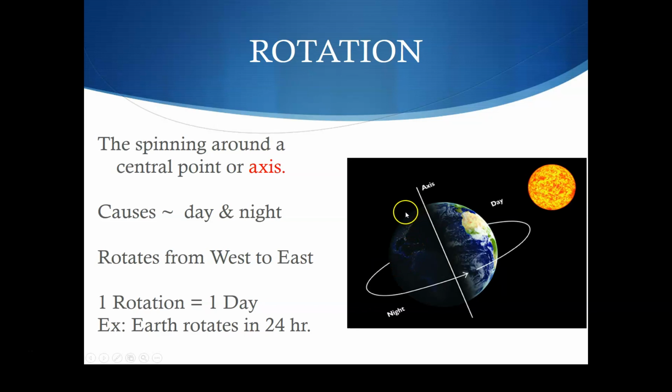It takes the Earth actually about 23.5 hours, but we round up, so it takes the Earth 24 hours to make one complete rotation on its axis. And so again, the side facing the sun is daytime, and the side not facing the sun is nighttime. One important thing to think about here is that the sun doesn't move, but the Earth does all the moving.